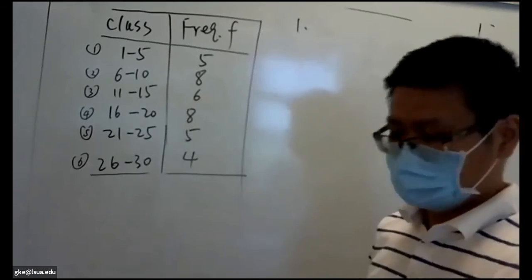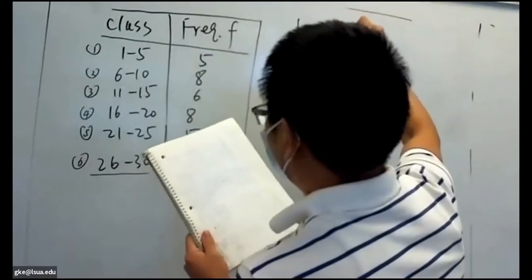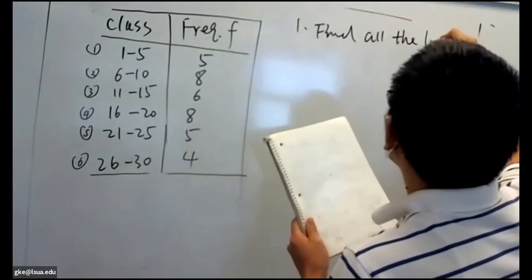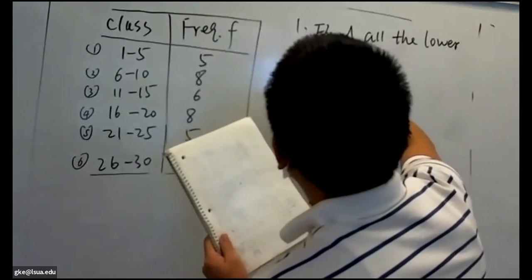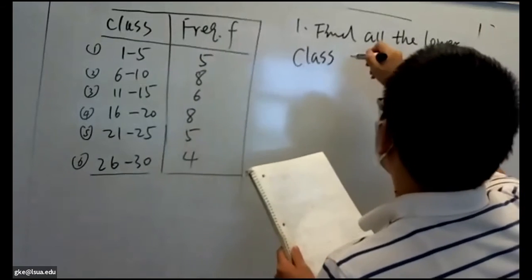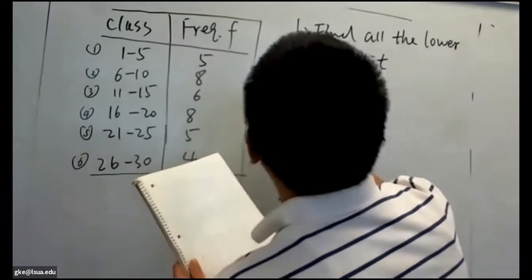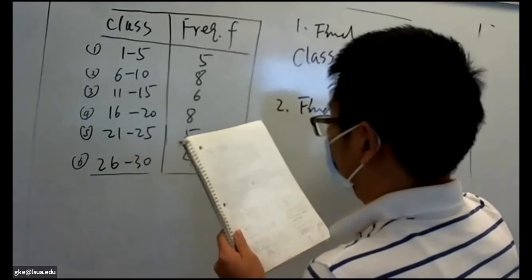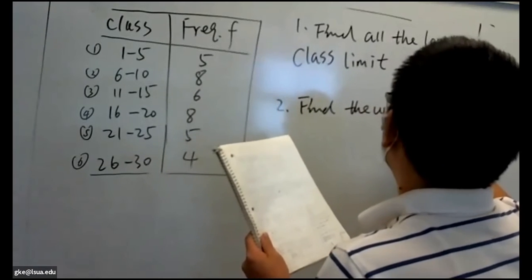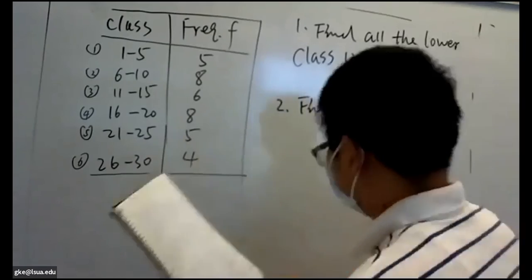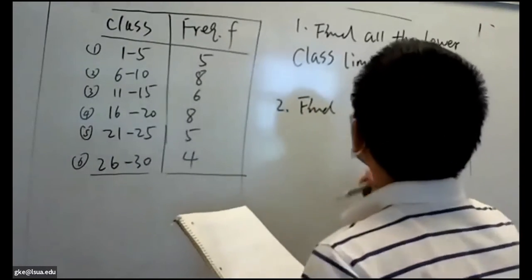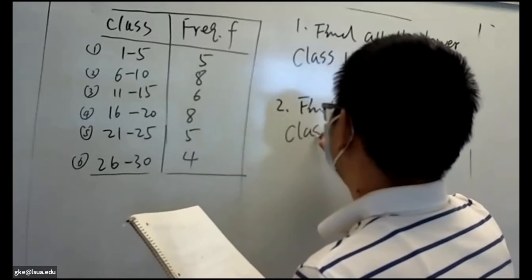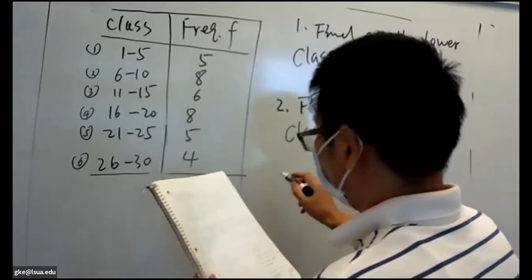So basically, what you're gonna do: one, find all the lower class limits here; two, find all the upper class limits; 3.